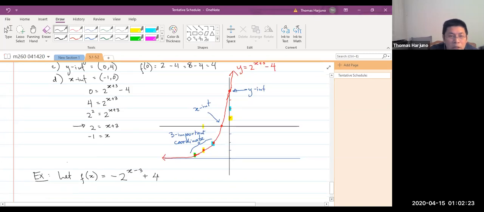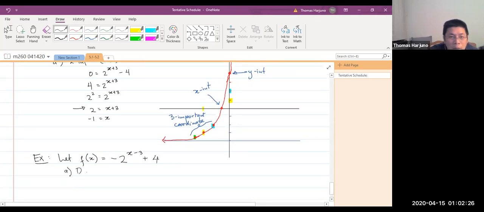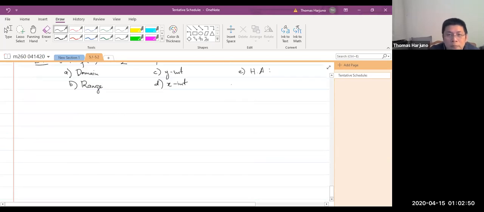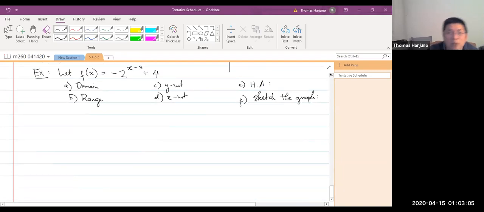Find the domain, the range, y-intercept, x-intercept, and then horizontal asymptote, and then sketch the graph. Let me give you 5 minutes, I guess, from here.